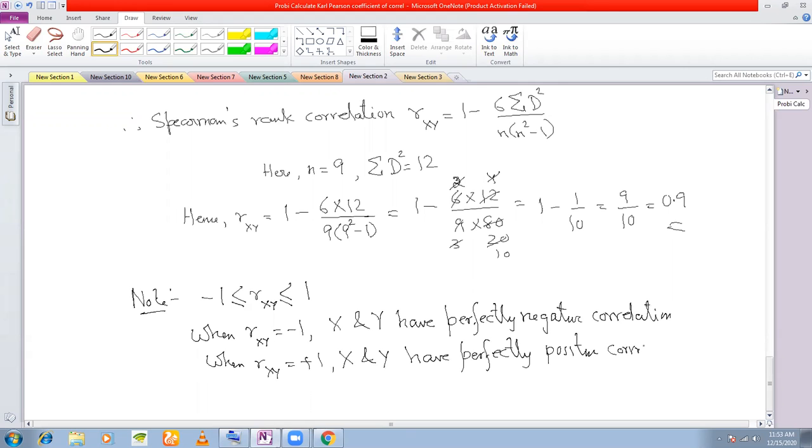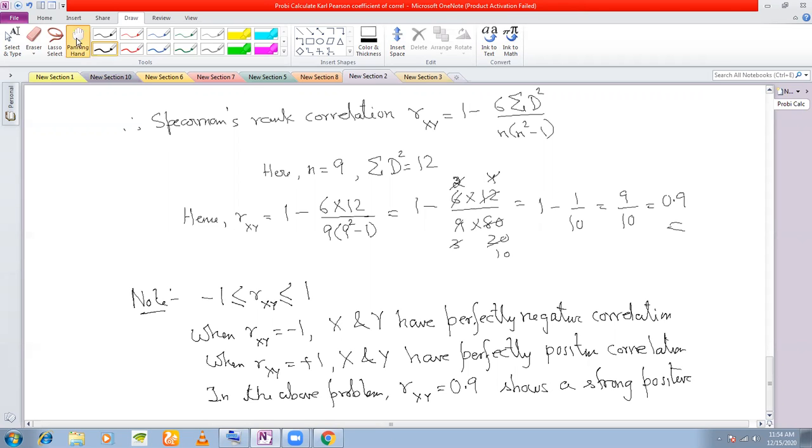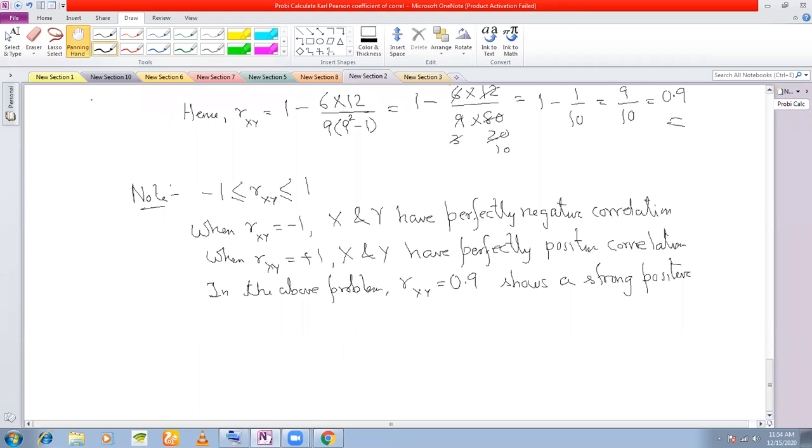So now when r is equal to 0.9, it is very close to plus 1, right? So we say, in the above problem, rxy is equal to 0.9 shows a strong positive correlation. Strong because it is very close to 1. It is not perfect, but it is very strong.